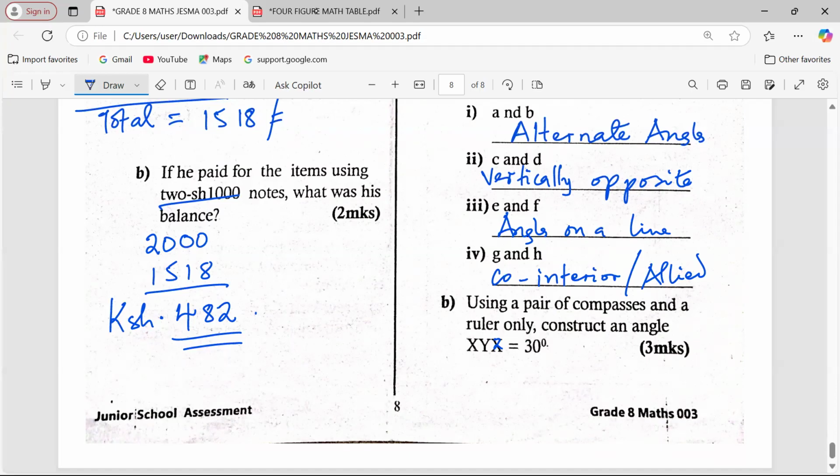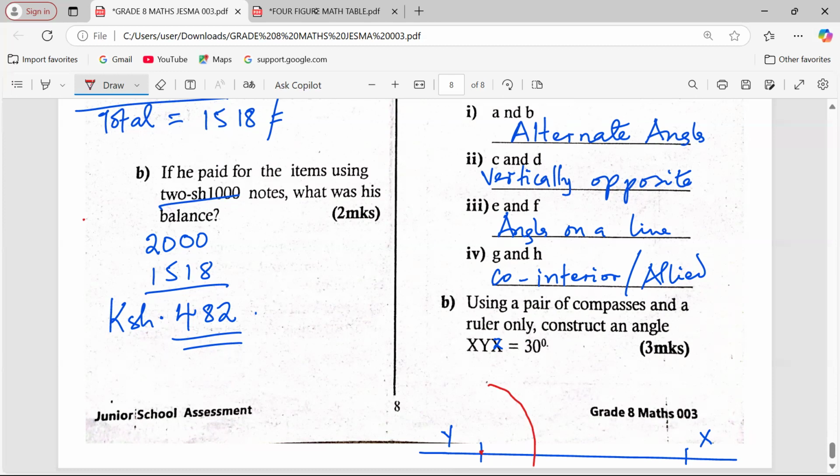So the first thing you do here is just to draw a line. Remember, you've not been given the length from X to Y. We want Y to be at the center, so we can have it this way. Let Y be here, then X here, so that I may construct the angle at Y. So standing at Y, I make an arc like that.